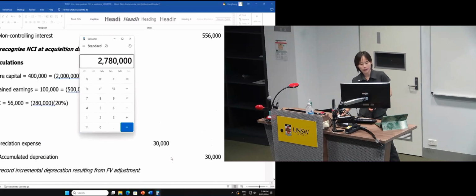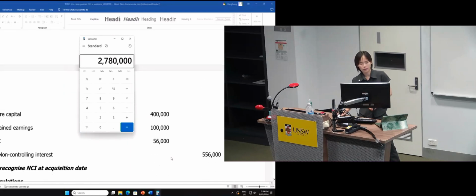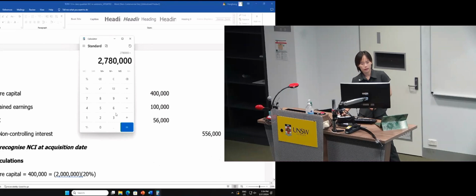Then multiply by 0.2, because NCI is 20%. What did you get? 556,000. So always remember to verify this number. Under the partial goodwill method, NCI at the acquisition date is equal to its proportionate share of the subsidiary's FVNA. We already have the FVNA, we just multiply by 20% and you will get this number here. Now this is step 1 NCI.